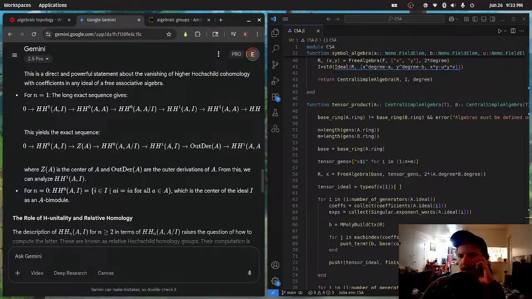HH0 of A, I is all of those elements such that A times I is I times A for all A in A. The center of the ideal as an A bimodule.